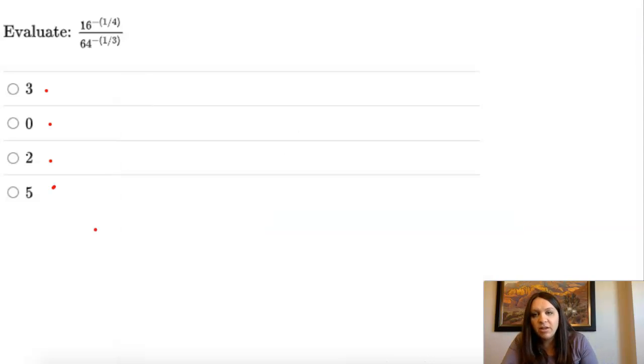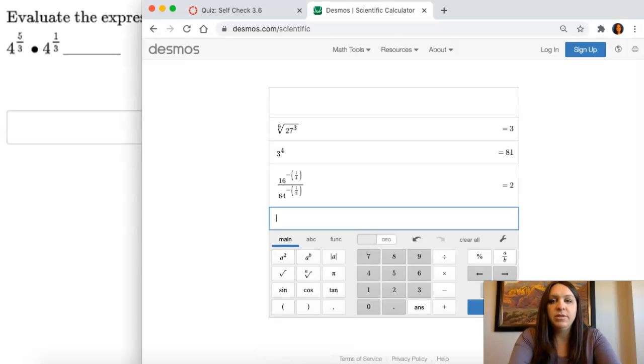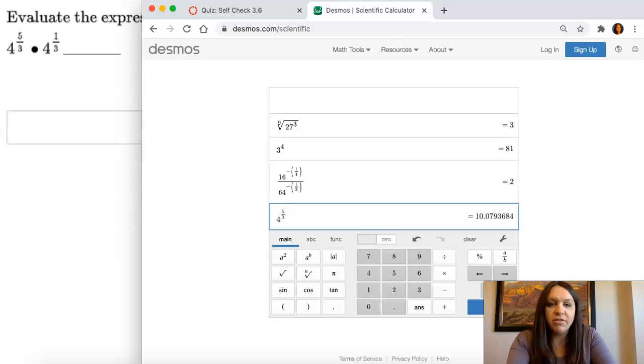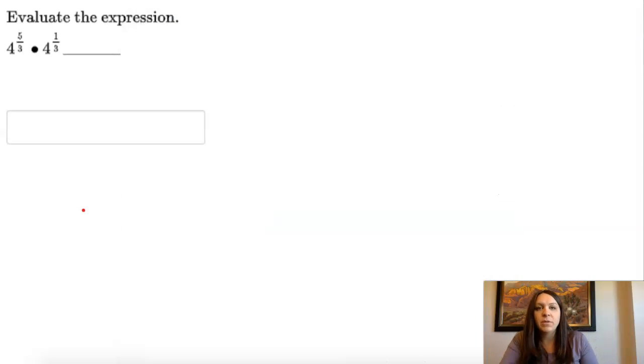So on a lot of these, you just need to use your calculator. Whenever you have a fill in the blank, those are going to come out as a nice number. So here I have 4 to the 5/3 times 4 to the 1/3. Just make sure you type that in right, and it's going to come out as a nice number you can put in your calculator. So this is 16.